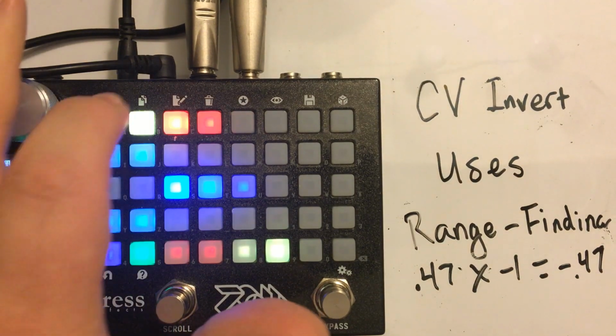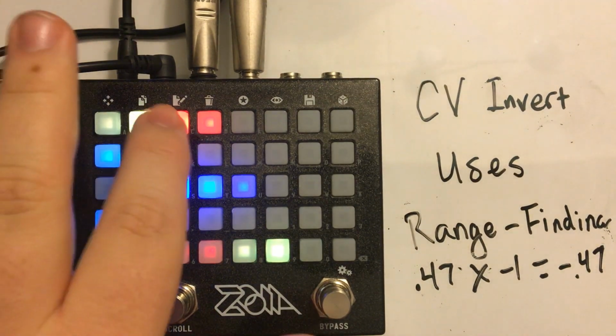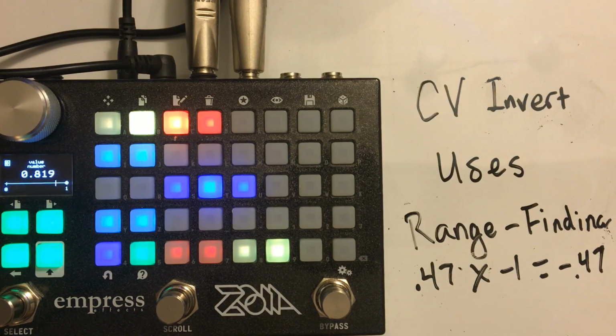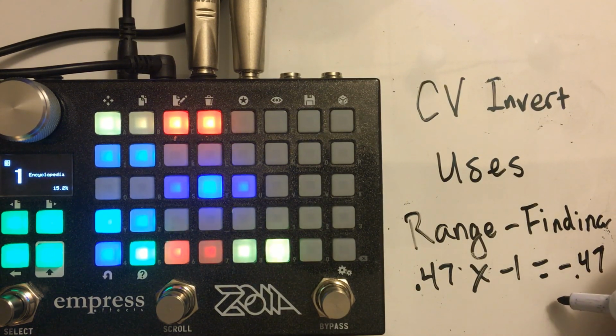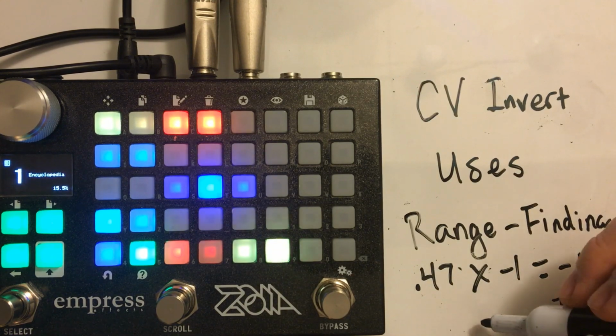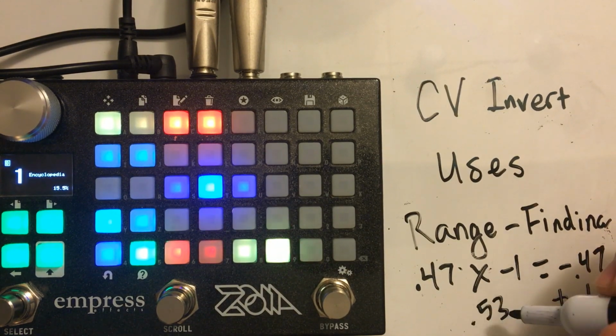When we connect the output of our CV invert to this value module biased to 1, all CV sums at inputs. So this is essentially being added to 1, and we get the difference, the difference between 0.47 and 1 at that point, which should be 0.53.